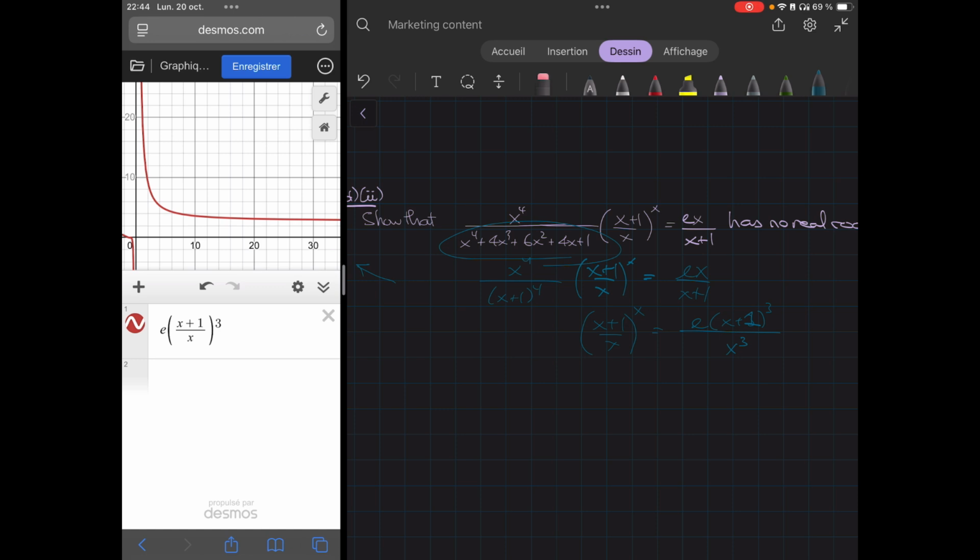And as we can see, this curve is monotonically decreasing for x greater than 0, and the limit as x tends to infinity is equal to e. On the left hand side, we showed that the function is increasing for x greater than 0 as c is equal to 0, and the limit as x tends to infinity is also equal to e.